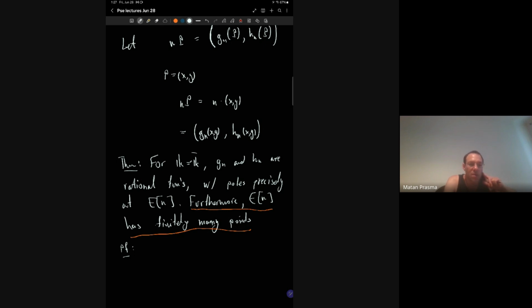So if the number of points over the algebraic closure is infinite, then it could be that also the number of n torsion points, which is a subset of the collection of points of E over the algebraic closure, could be infinite. So this last part of the statement tells us that at least we can be sure that it's finite. Okay?